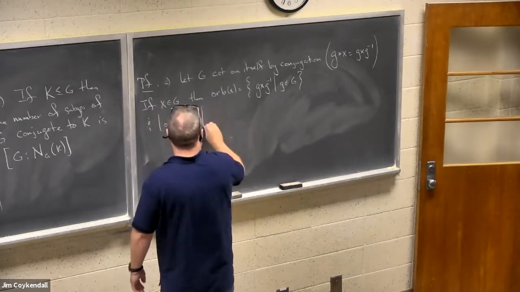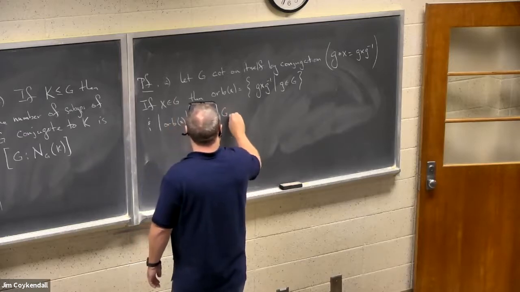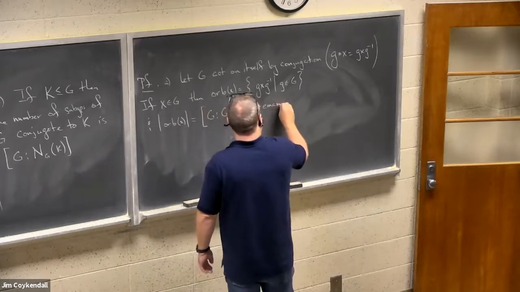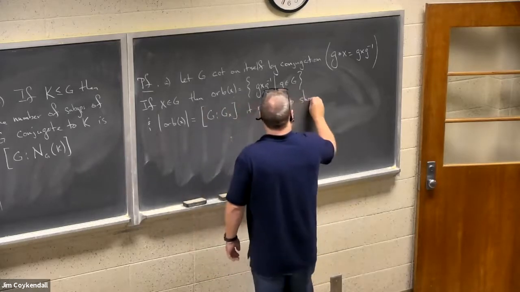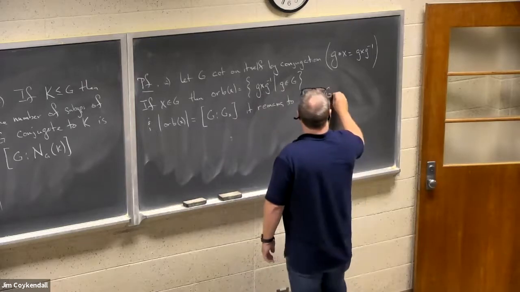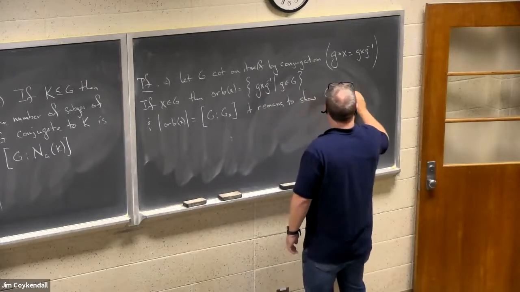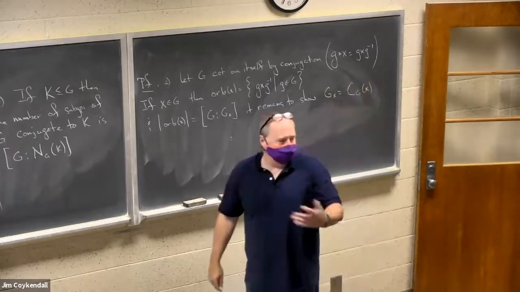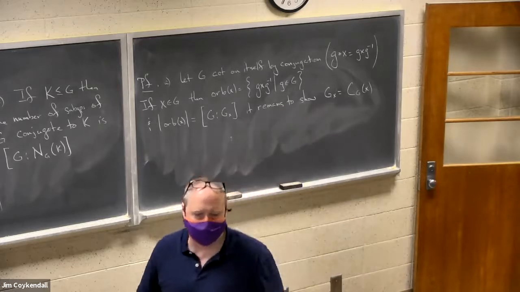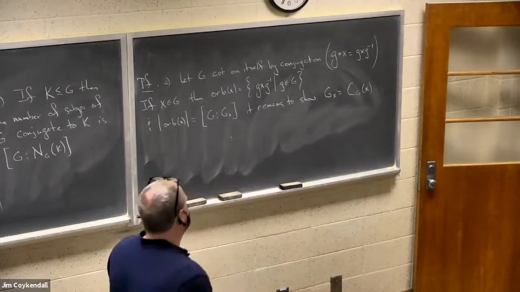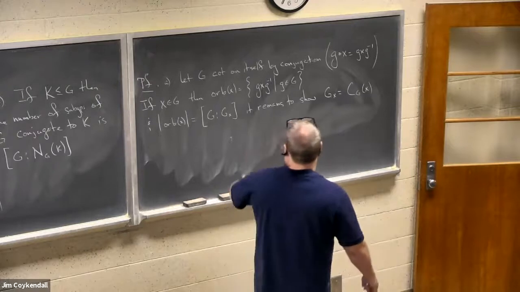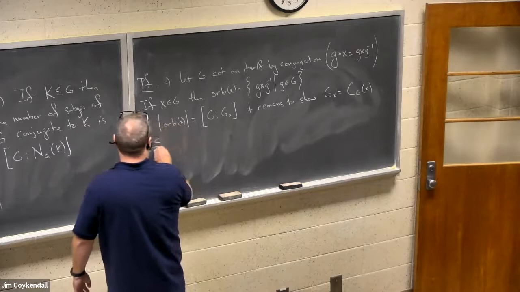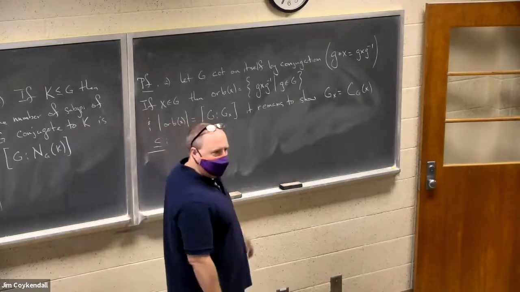And the size of the orbit of x is the index of the stabilizer. So it remains to show that these two things are equal. The stabilizer of x is precisely the centralizer of x in G. I'll show one subset this way.